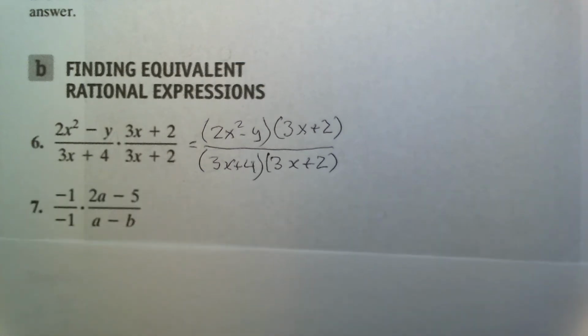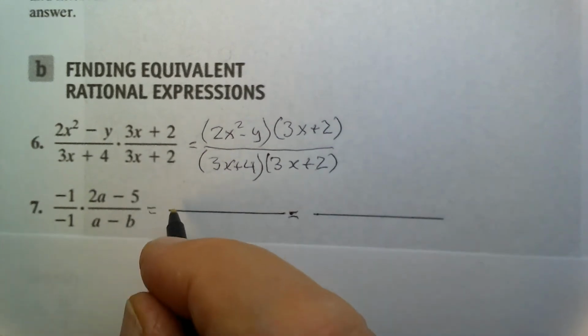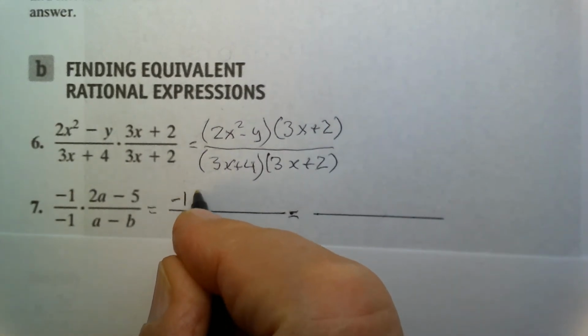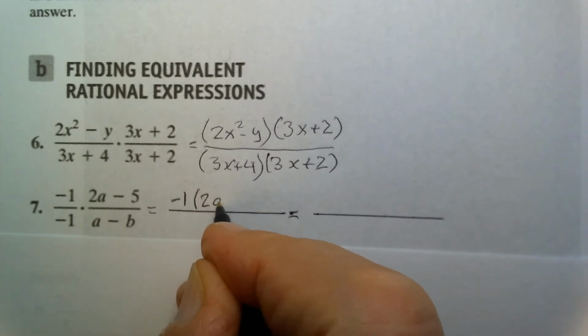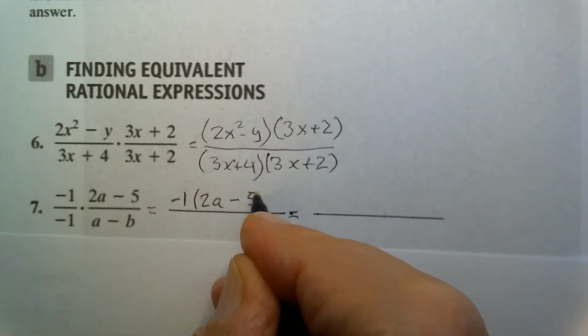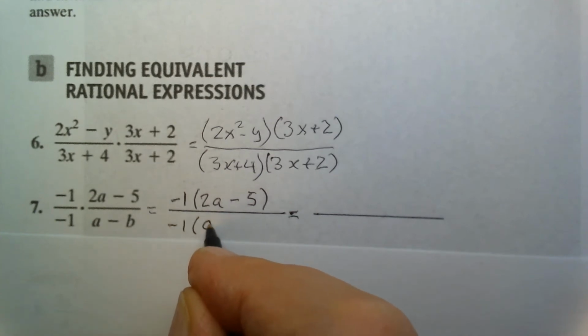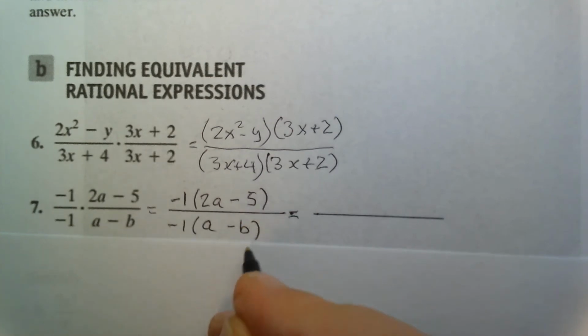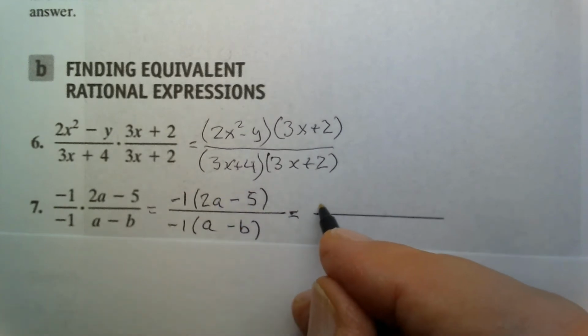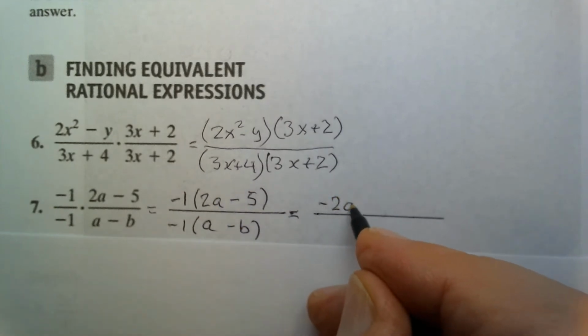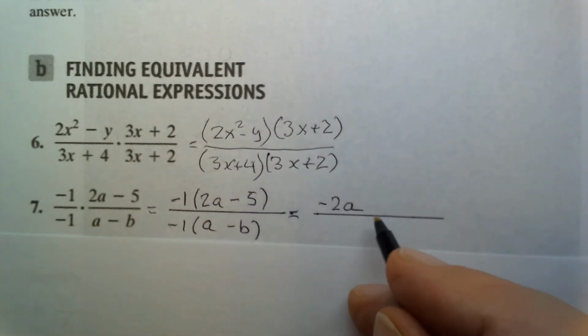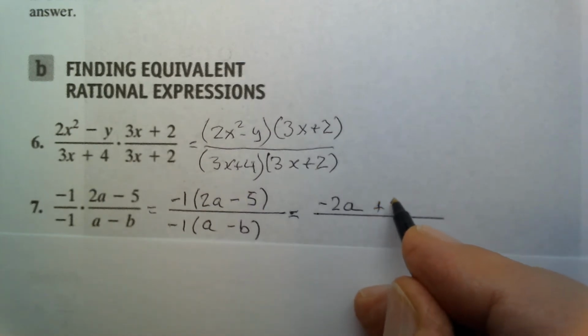And then the same thing for exercise number 7. Here we multiply minus 1 times 2a minus 5 in the numerator, and minus 1 times a minus b in the denominator. So minus 1 times 2a is minus 2a, and minus 1 times minus 5 is positive 5.